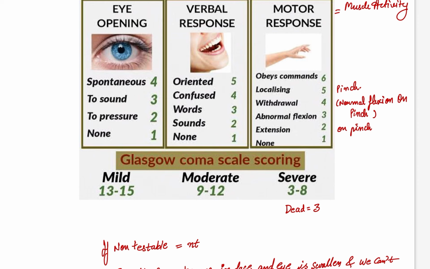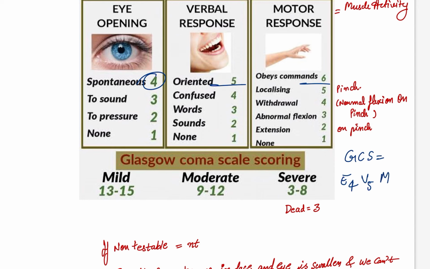we call this the GCS score, right? For example, if the score is E4, we have to write it like this. You have to learn this also: E4 V5 M6.